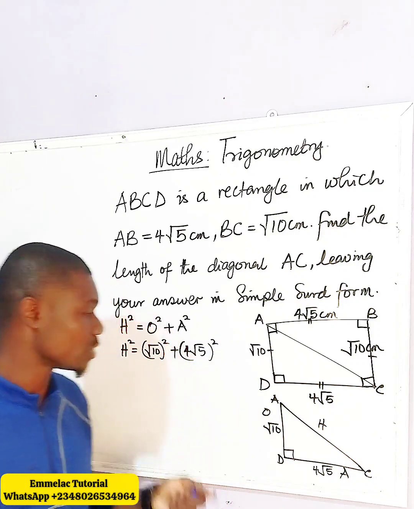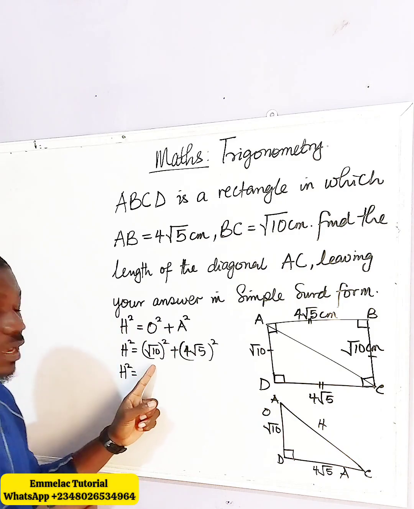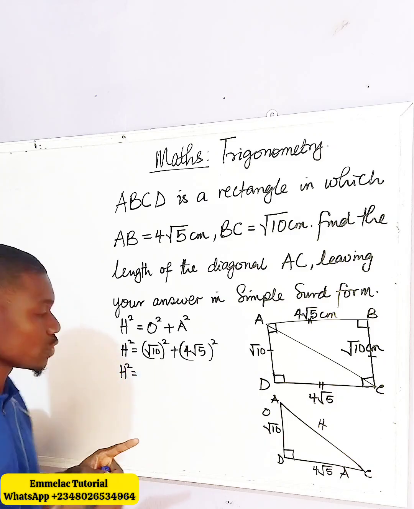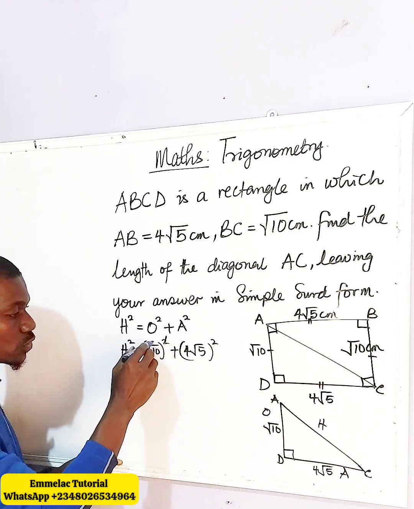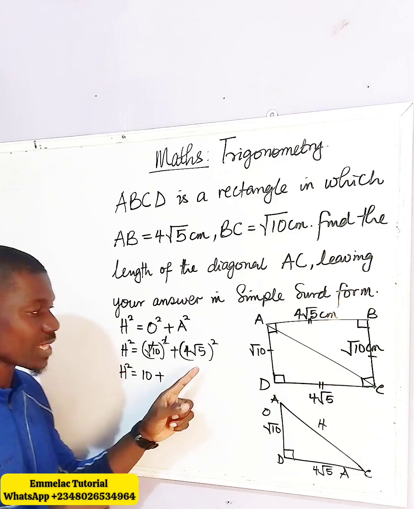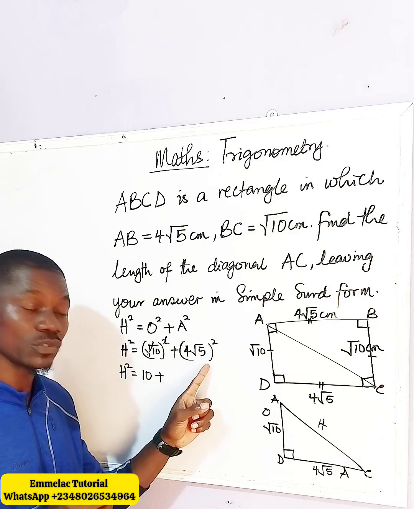Okay, so all we need to do now is simplify. Then h squared equals root 10 raised to the power of 2. This square here will undo the square root, so we are left with 10, then plus. Now at this point, the square will be distributed across 4 and root 5.